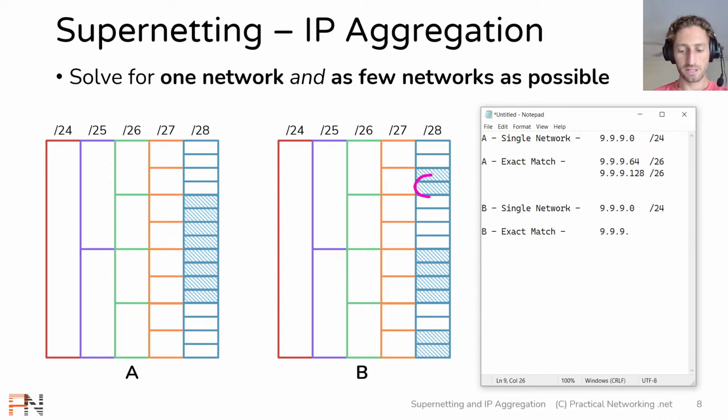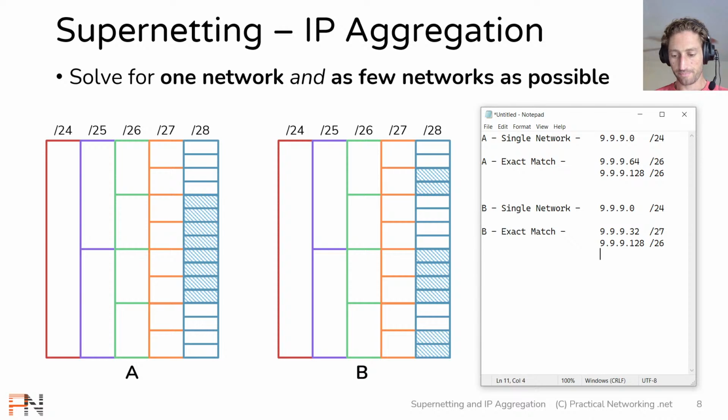And then for exact match, we could take these /28s and summarize them into that /27, these /28s into that /26, and then these /28s into that /27. The increment for /27 is 32, so that's .0, that's .32, that's our first one. The increment for /26 is 64, so again we've got 0, 64, 128.